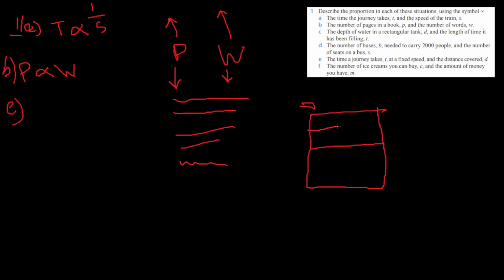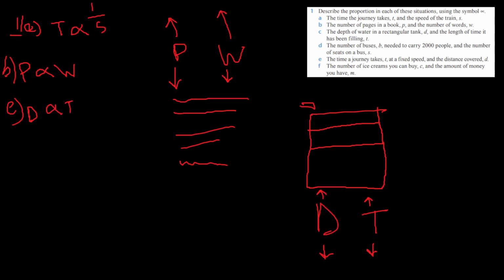And if we decrease the water tank, the time it takes to fill it will be less. So we can see a pattern here. D and T. If depth increases, time will increase as well. And if there's less depth, there will be less time. So we can write D is proportionate to T.